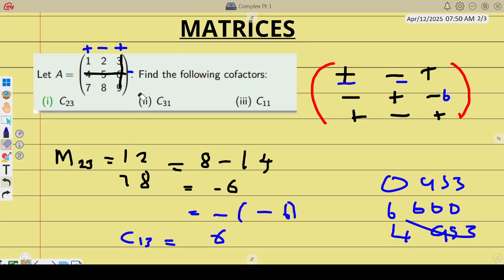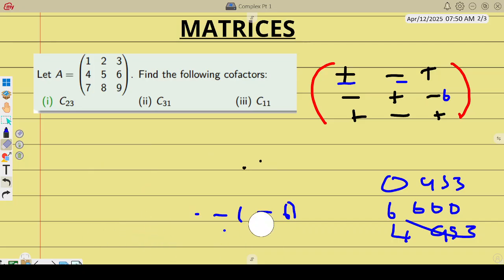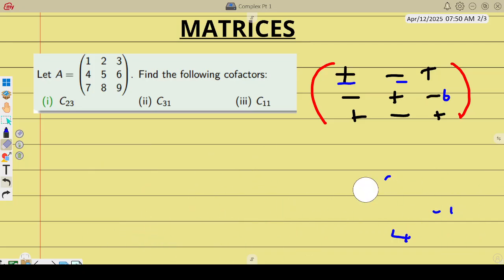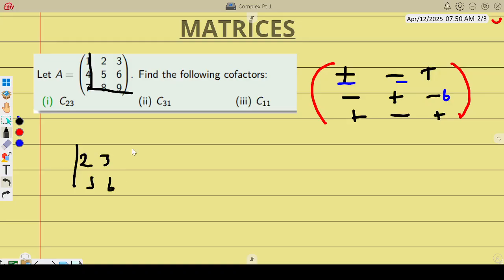So now let's go to the next cofactor, C31. As usual, we first find the minor. I've remained with 2, 3, 5, 6. What is the minor for this?